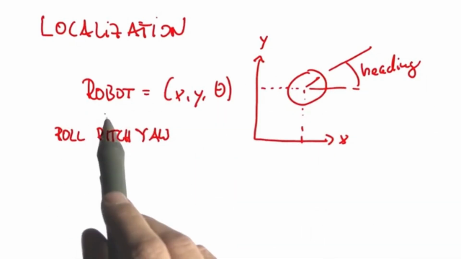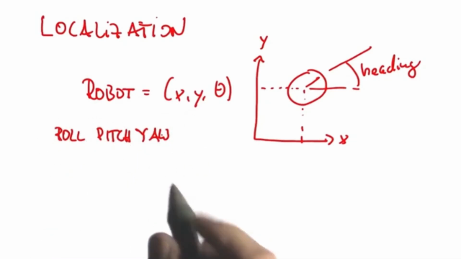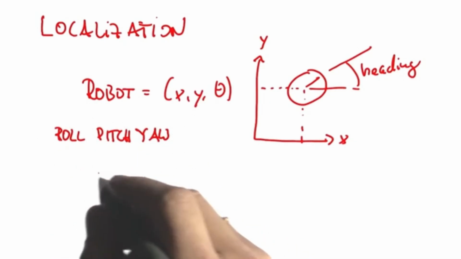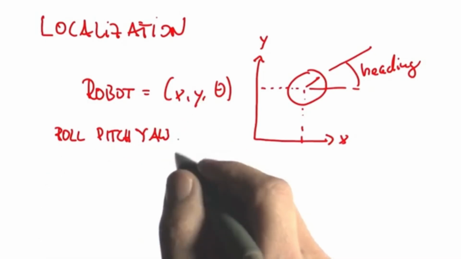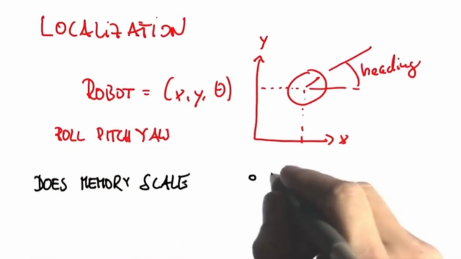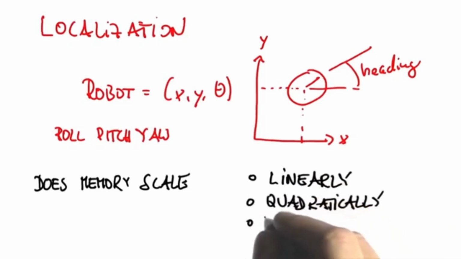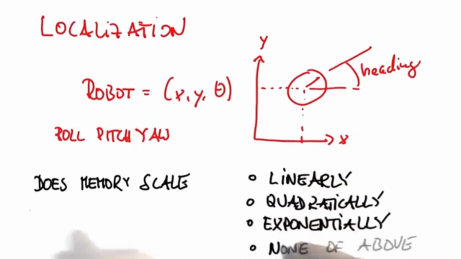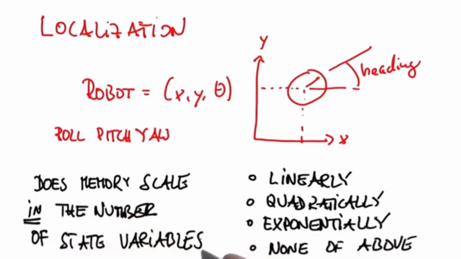So if you build a localization system for robots with higher dimensional state spaces, I wonder how the memory use will scale for our histogram-based localization method. Does memory scale linearly, quadratically, exponentially, or none of the above, in the number of state variables used in localization?